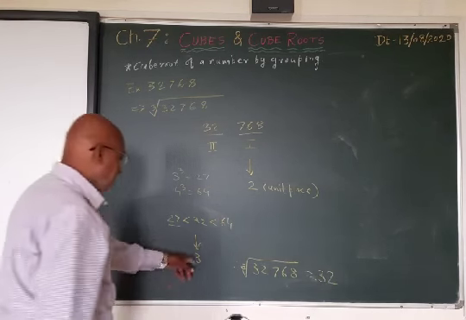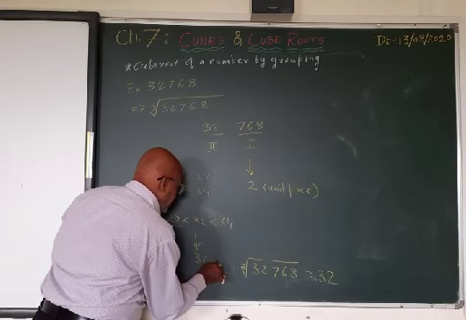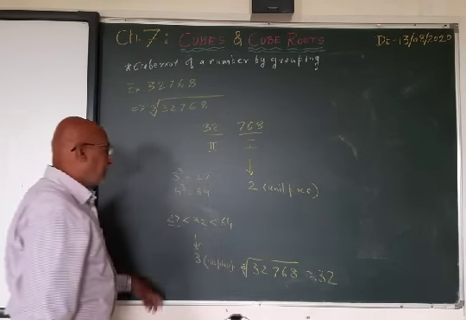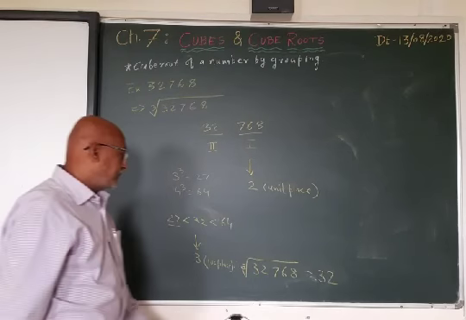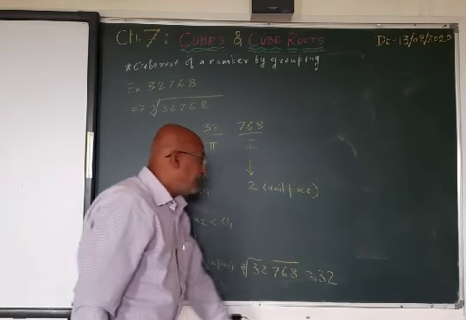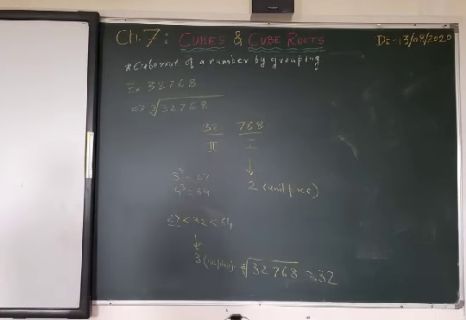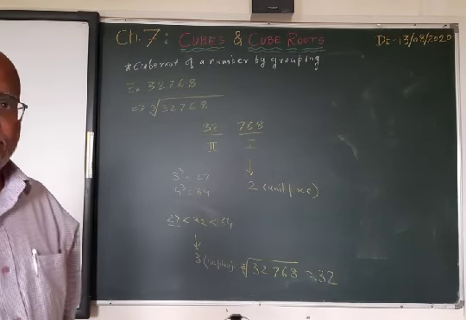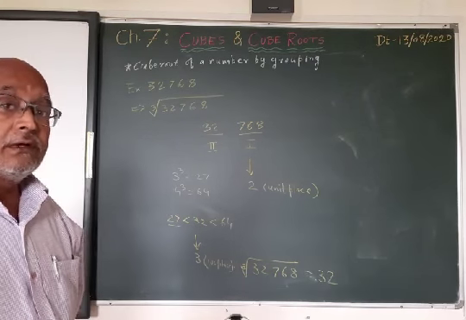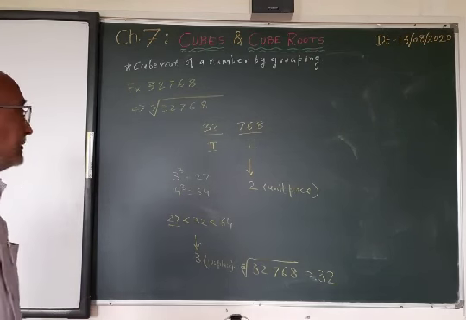This 3 will be the tens place digit. So the cube root of 32,768 is 32 by this method. This is the shortest method and most probably the easiest method for finding the cube root of larger numbers, 5-digit, 6-digit, 7-digit numbers.